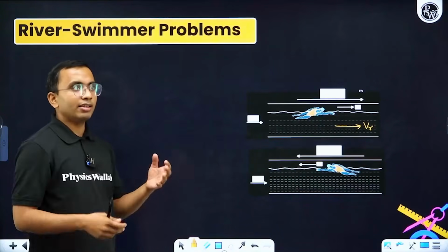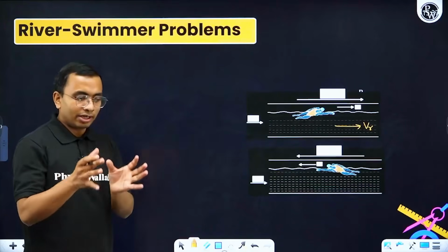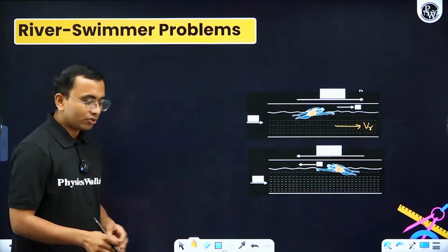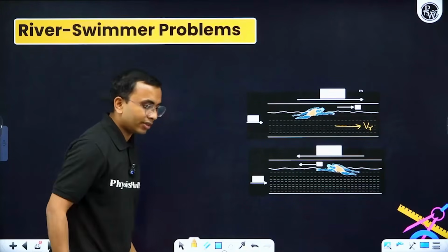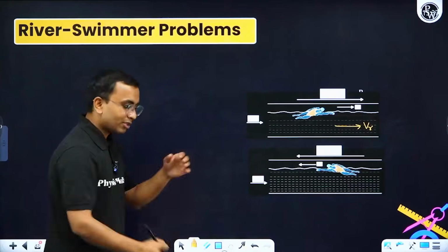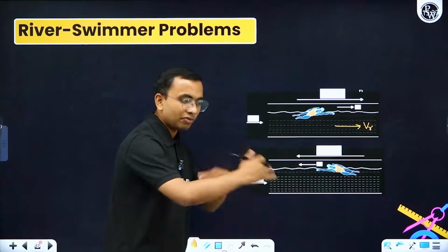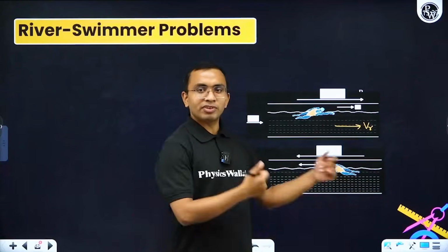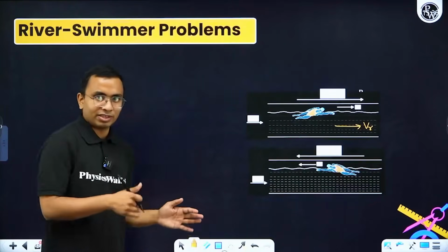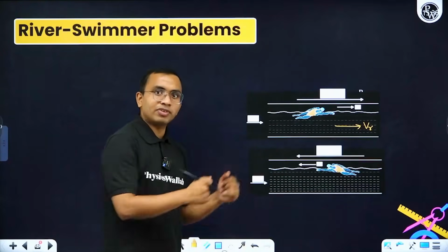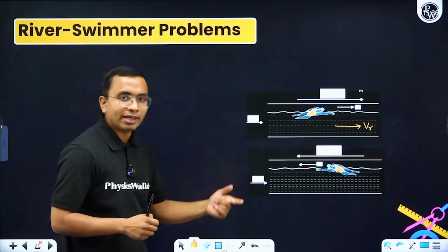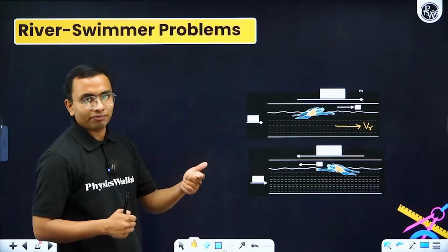If he is swimming in a lake with 5 meter per second, and the river is flowing with 10 meter per second, his speed will become 15. 5 plus 10, river is with 10, man is with 5, so it becomes 15 meter per second. So the speed of the man is given with respect to water, with which he can swim.